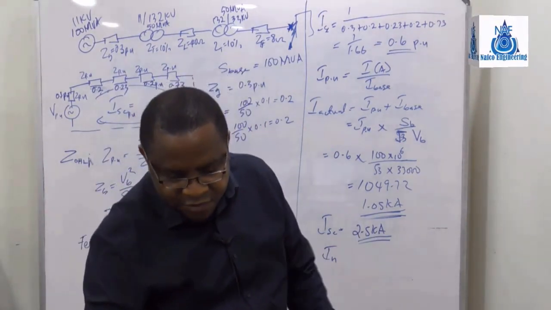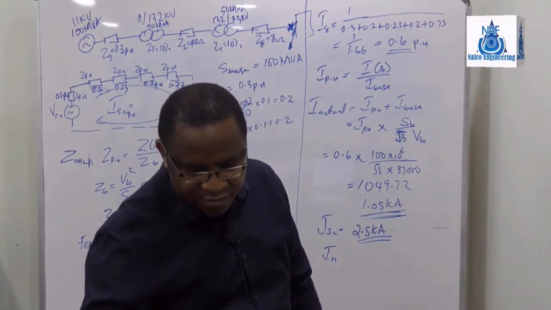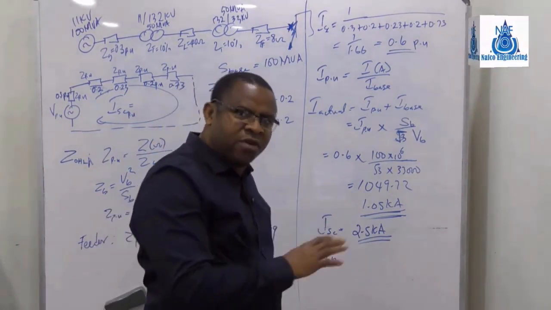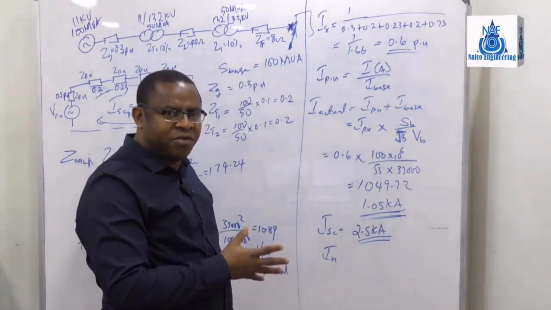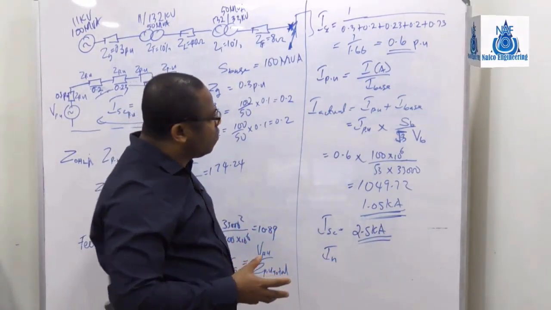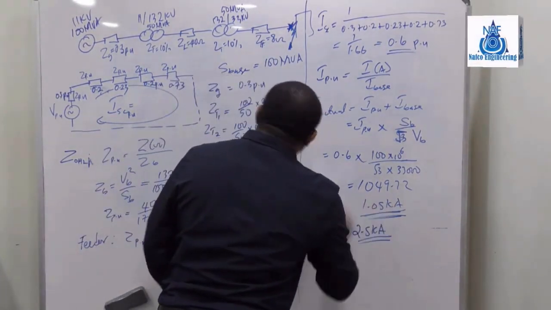Okay, so let's just have a look at fault levels before we come back to this. Let's look at what fault level is, and then how we can determine the fault level in per unit. And then after that, we'll come back to this. Just get this value for me.